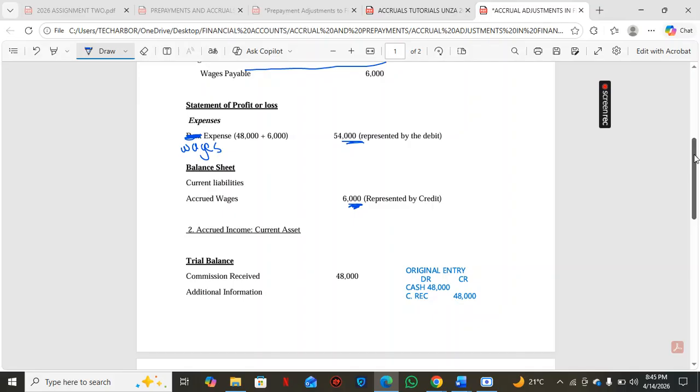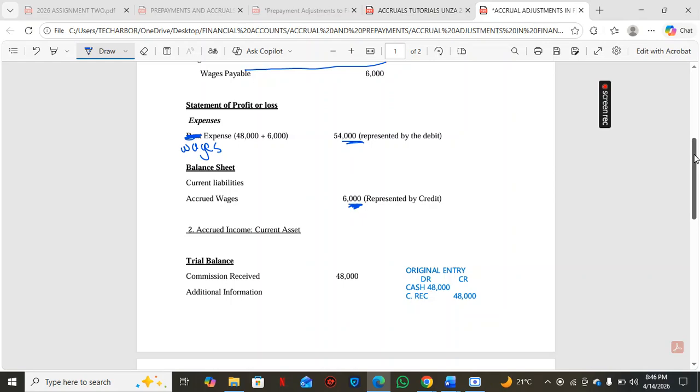Okay, we go to accrued income, which is a current asset. So again, let me use the landlord and tenant example. For the accrued expense, I gave that example where you don't pay rent for 1 month, 2 months, 3 months, 4 months. That rent expense is building on your side as the tenant. From the landlord's perspective, that's income building up for him.